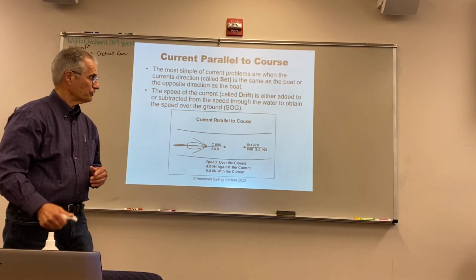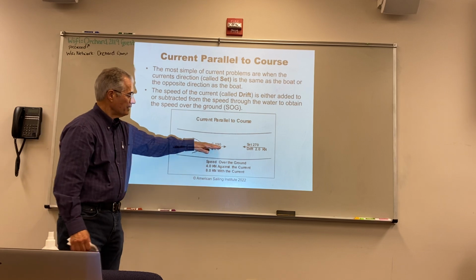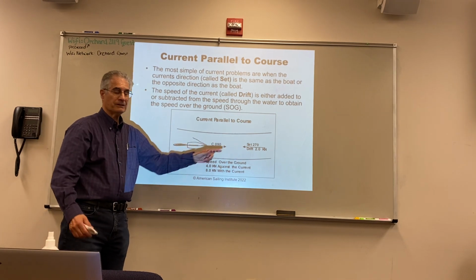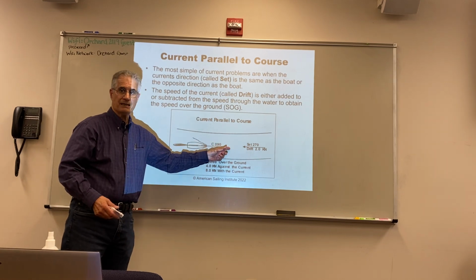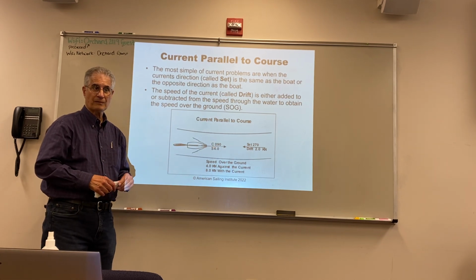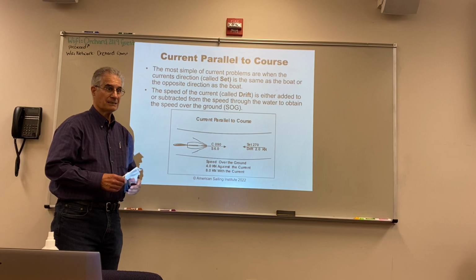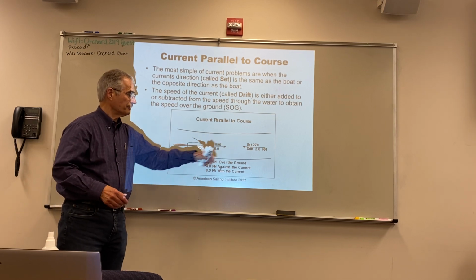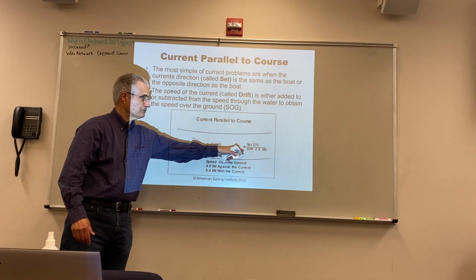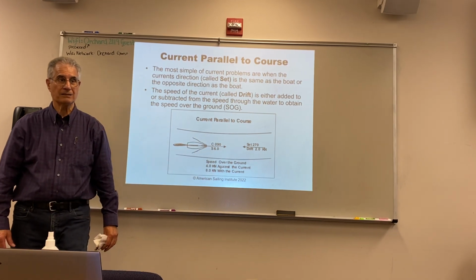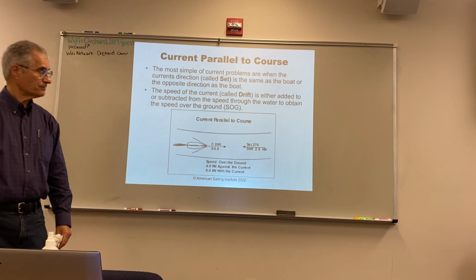If it's parallel to your course, if you're heading this way, the drift is the speed, and the set is the direction of the current. That's how they refer to current, set and drift. So a set of 270 means it's heading this way. A drift means it's at 2 knots. That's the current.